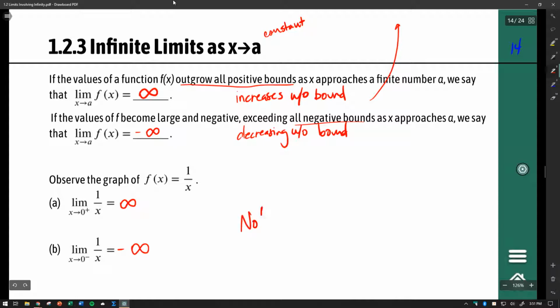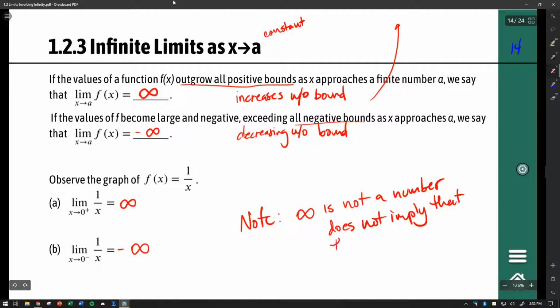One note here: remember that infinity is not a number, and infinity does not imply that the limit exists. In fact, what infinity is telling us is how the limit does not exist.